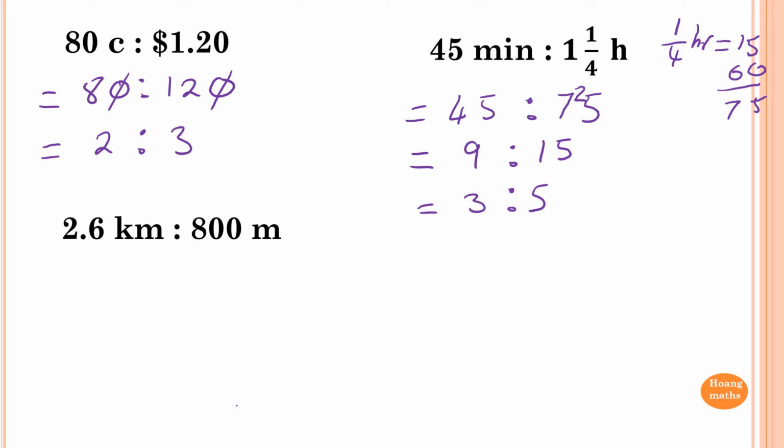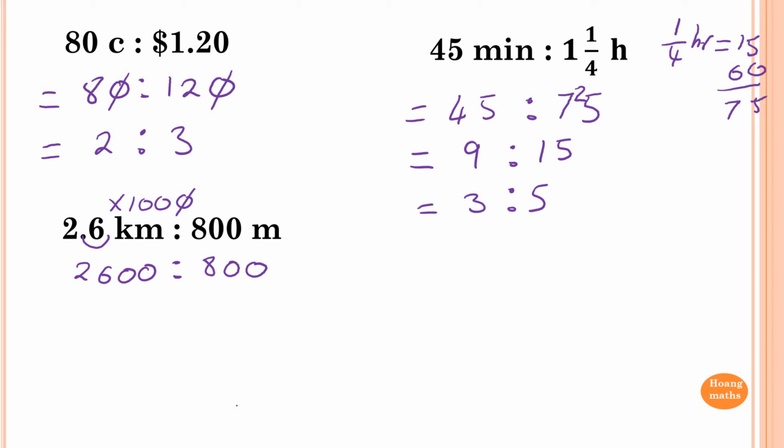So what I do is multiply by 1,000 because one kilometer is 1,000 meters. 2.6 times 1,000: I move the decimal point, it becomes 26, but of course I cancel that out, so it's the same as 26 times 100. So 2,600. There you go. To 800.